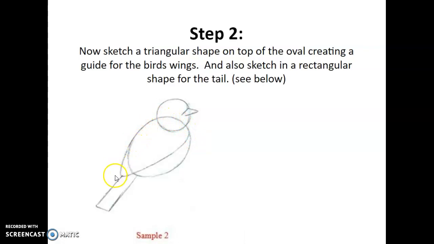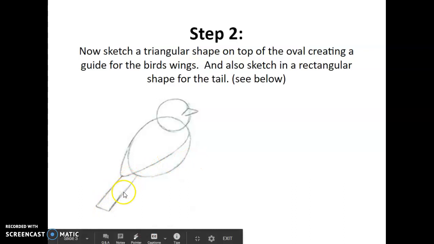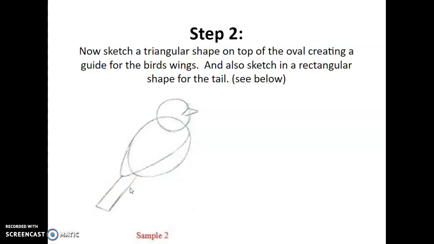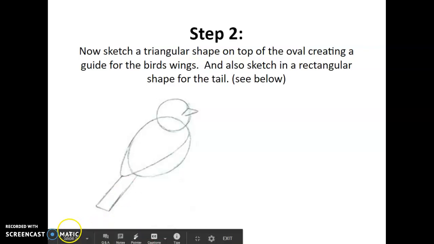So this is the one that they're talking about. Can you see it's on top of the body, okay, on top of the oval part that you'd already drawn. And also sketching a rectangular shape for the tail. Can you see? Here is the tail. So you need to think about your shapes also when you're doing this. So that is step two, all right?